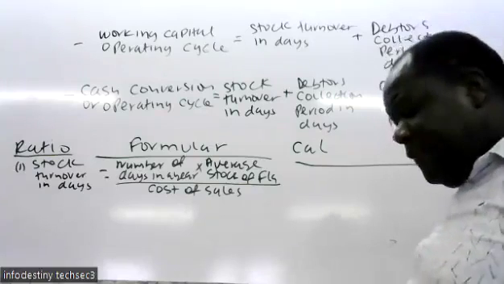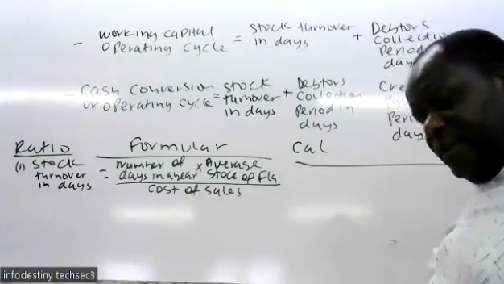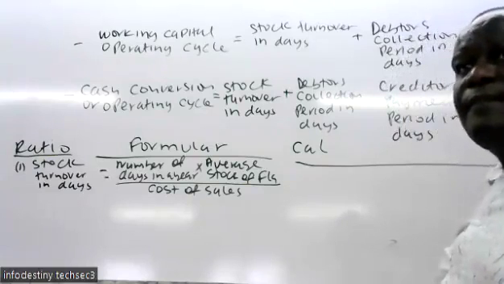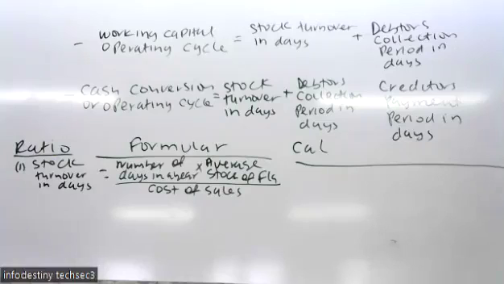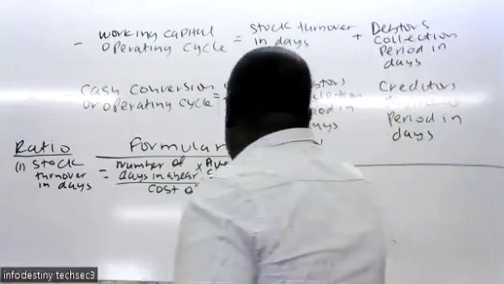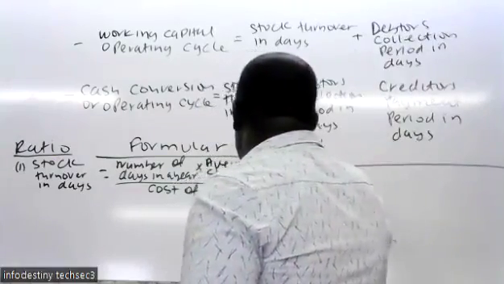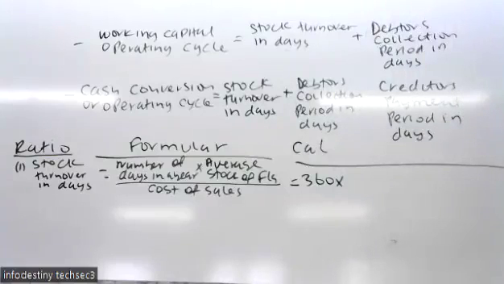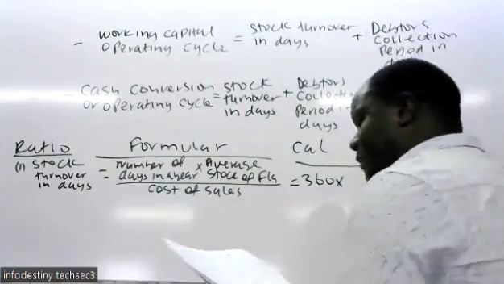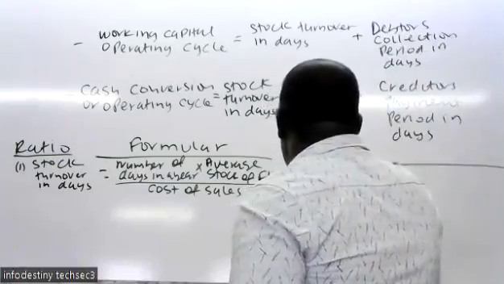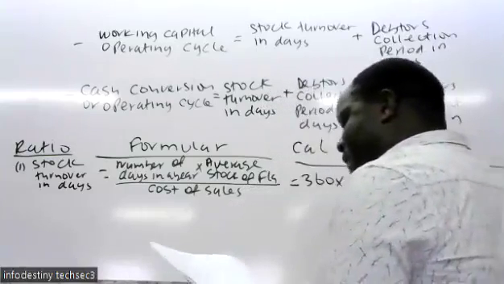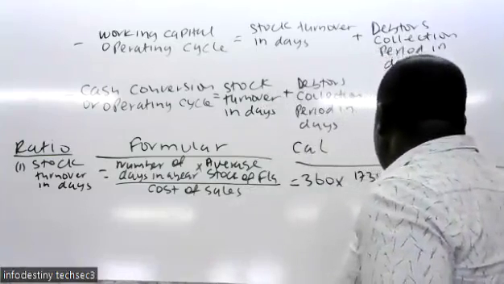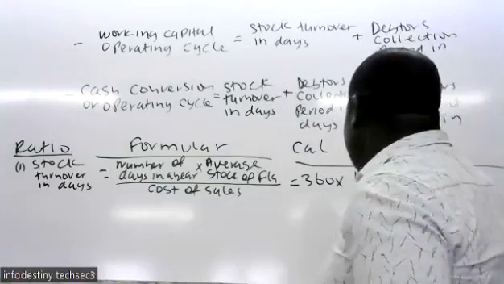So number of days, we assume there are 360 days in a year. So it will be 360 multiplied by the average stock. Stock there is the inventory. So average, you take the beginning plus the ending divided by 2. So you take 17,314, you add 15,960, then divide by 2.